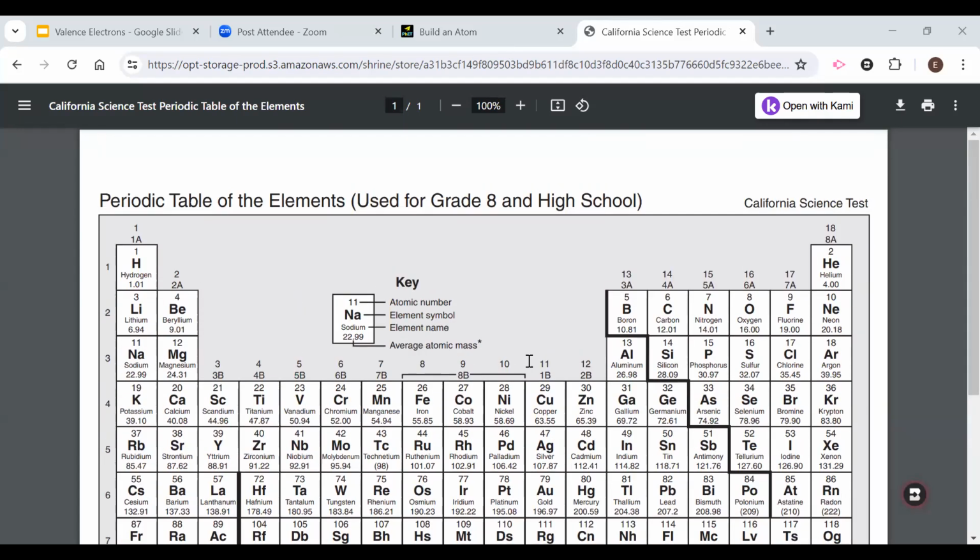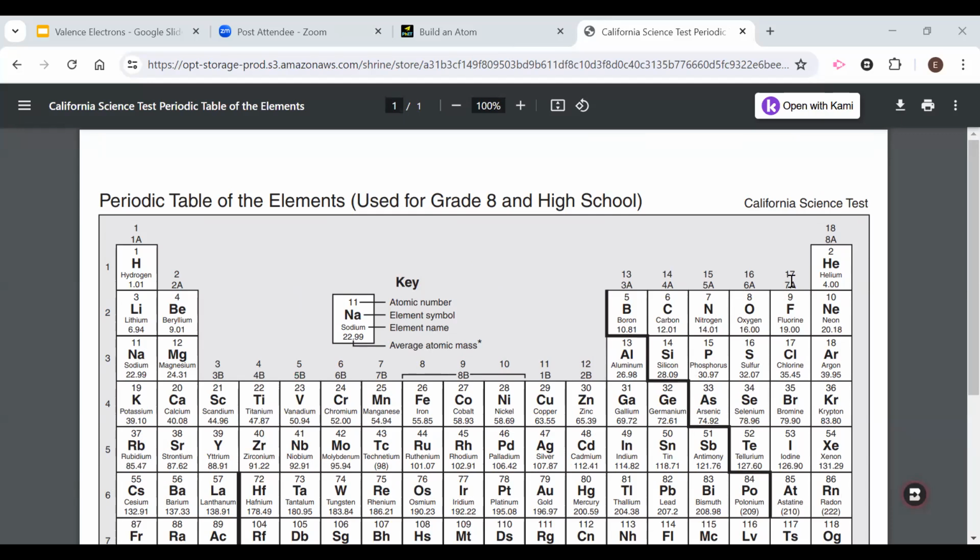Hopefully we remember, we know that there are 18 groups, 1, 2, 3, 4, 5, up to 18. Then we know that the special groups: we have alkali metals, alkaline earth metals, which is group 2.